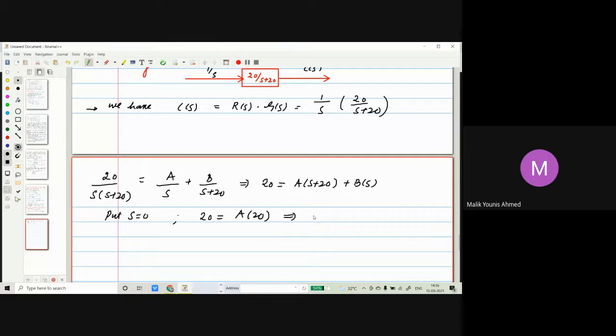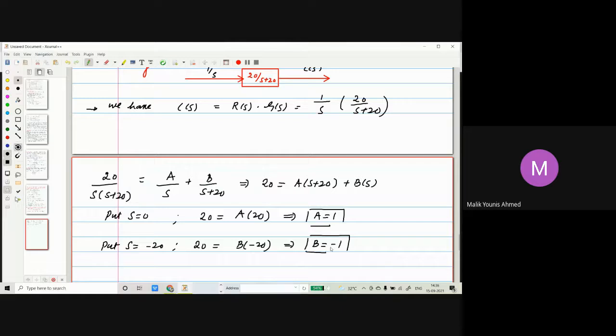So that means A you are going to get 1. Okay, put S equal to minus 20. That means 20 will be equal to B into minus 20. That means B will be equal to minus 1.